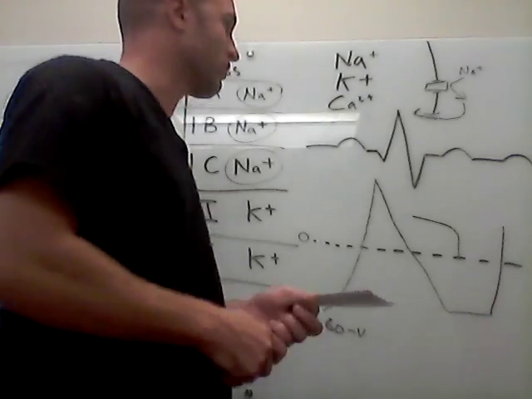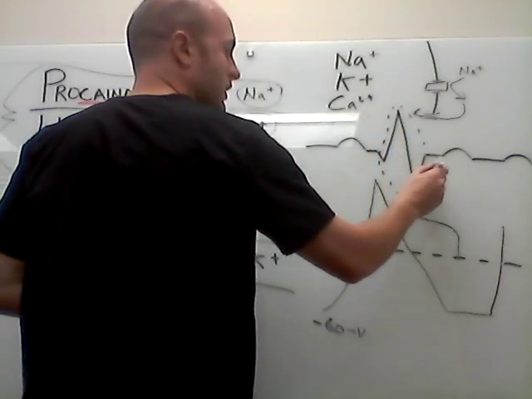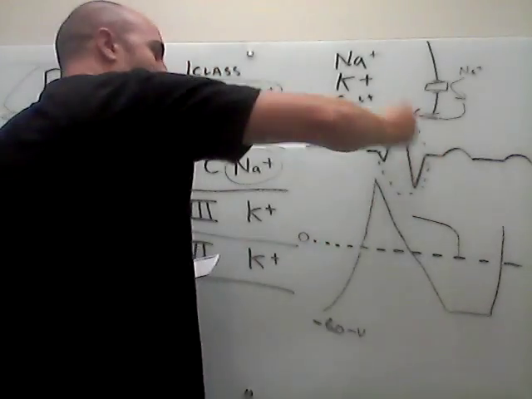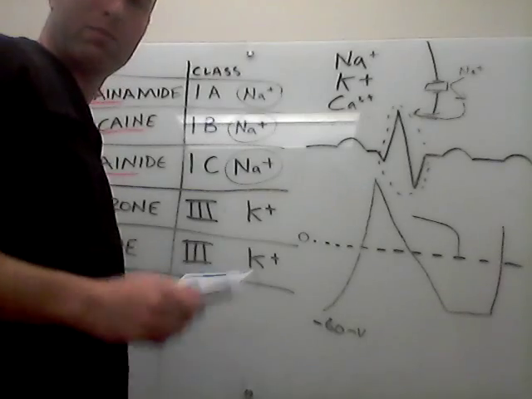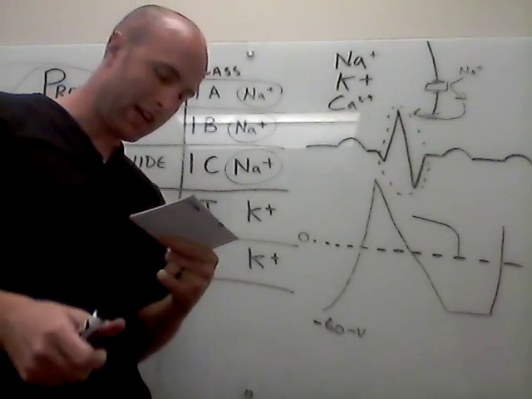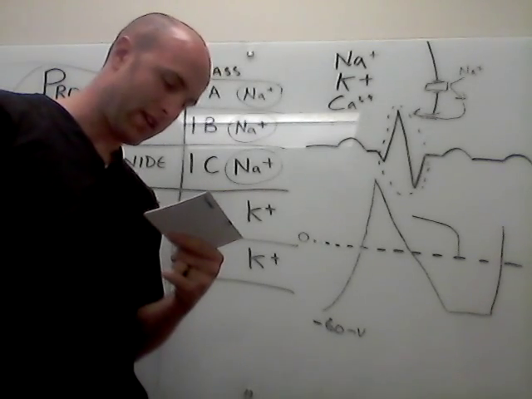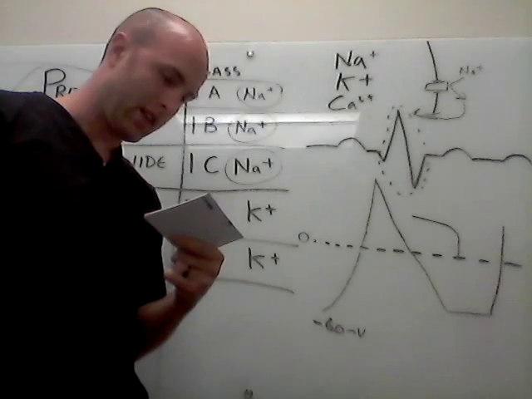So that means the ventricles, remember this part here represents the depolarization of the ventricles, so that part right there is beating too fast, all right? So if the person has that, you can give them lidocaine, also called Xylocaine.